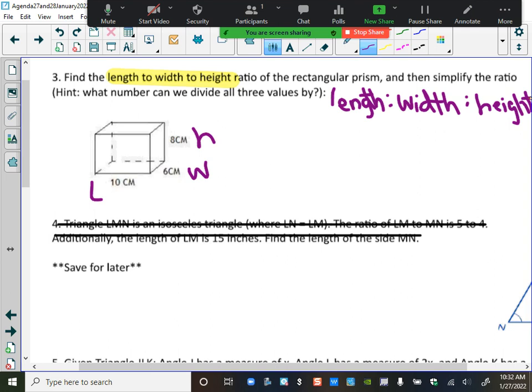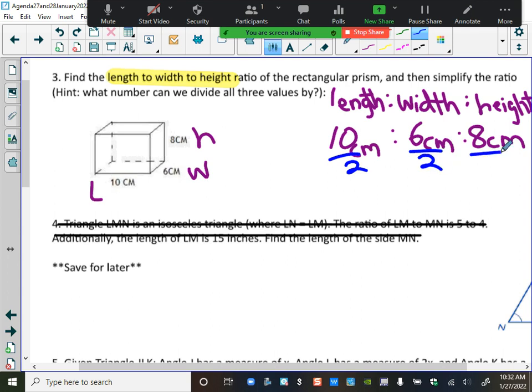So in the end, the length, which is 10 centimeters, 6 centimeters, 8 centimeters can all be divided by what number again, Jez? 2. Can all be divided by 2.